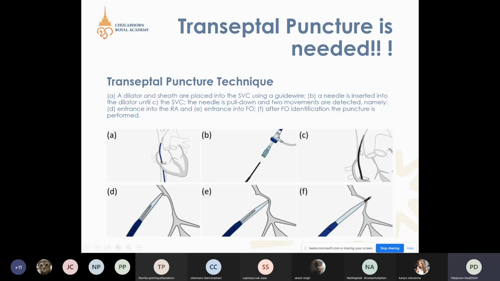You will see the long sheath with the needle inside the sheath, inside the dilator, the black one here, right? The doctor won't allow the puncture needle outside of the dilator while it's in the SVC. Okay, and then go to picture D.